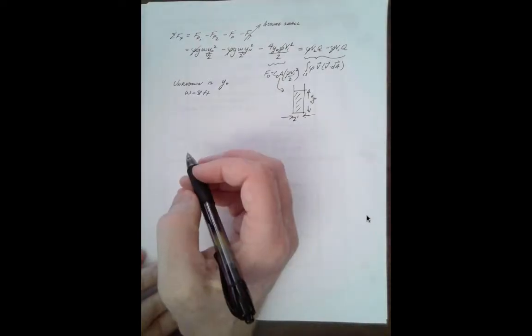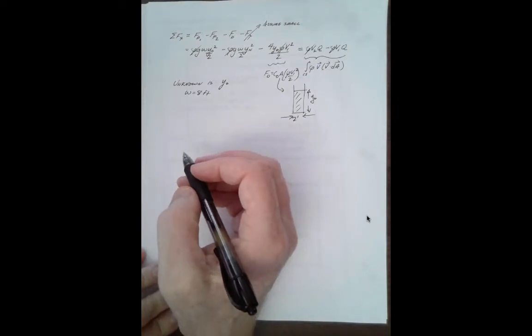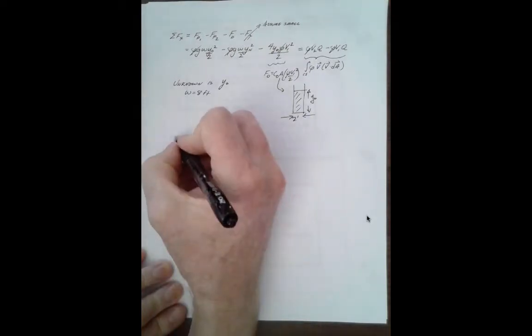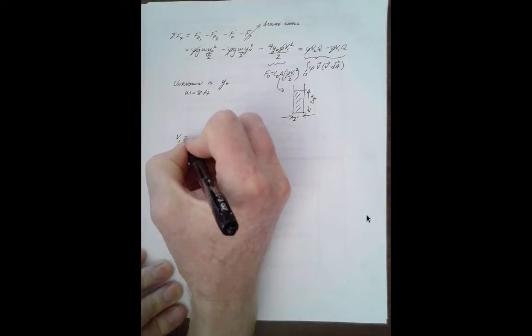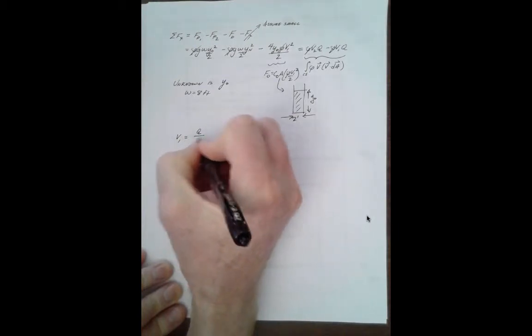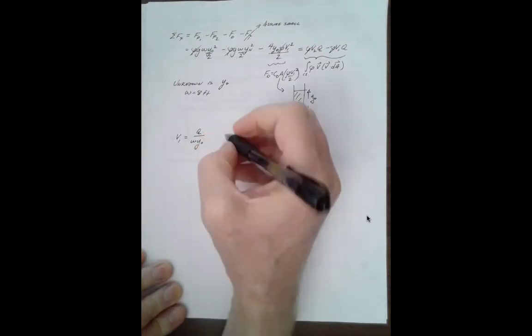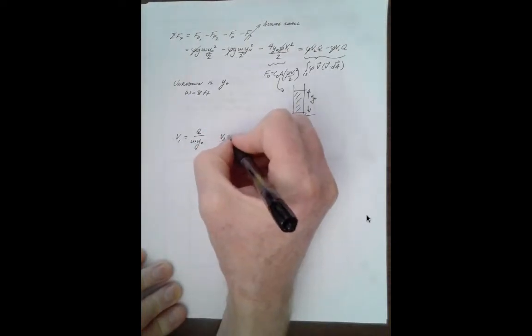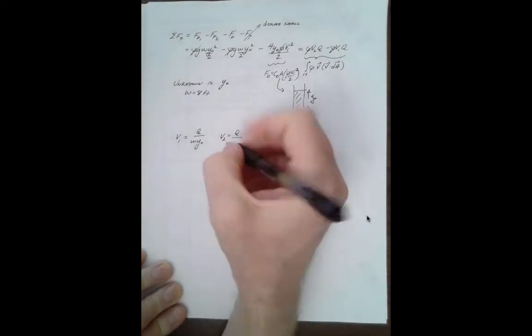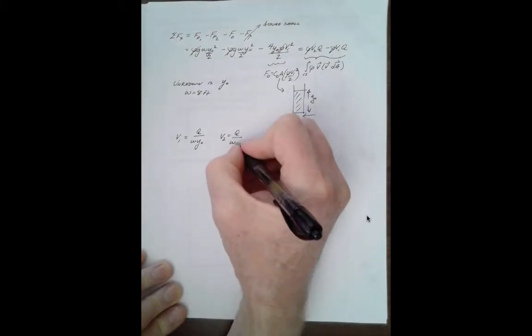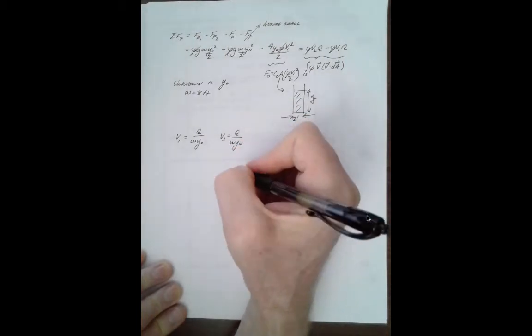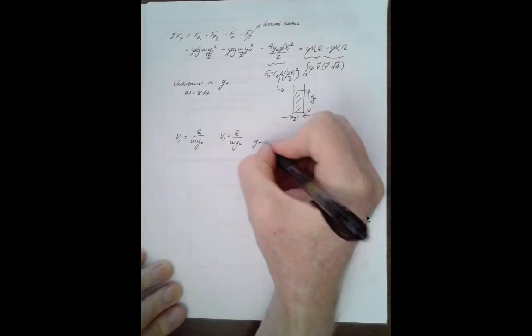So let's now see what we can do to express the velocities. Velocity at section 1 is equal to Q over the width times y0. The velocity at section 2 is equal to Q over the width times y sub n. Y sub n is known.